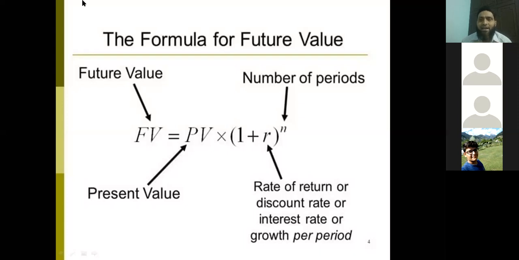If I say take 100 rupees now or 100 rupees after 1 year, which one has more value? Present value. Why does it have more value? Because of inflation, sir.